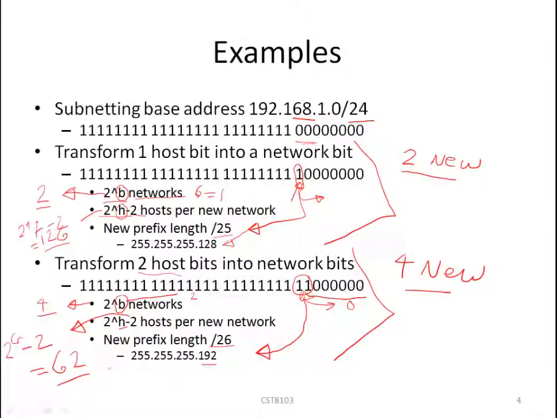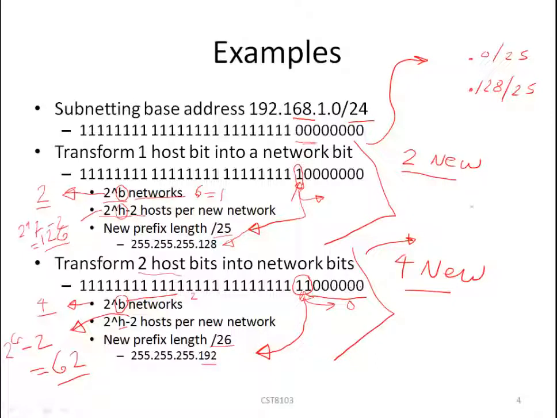per network. So in this case, our first network will have a network ID of .0/25, and our second network will have a network ID of .128/25. In the second case, we have 4 new networks.